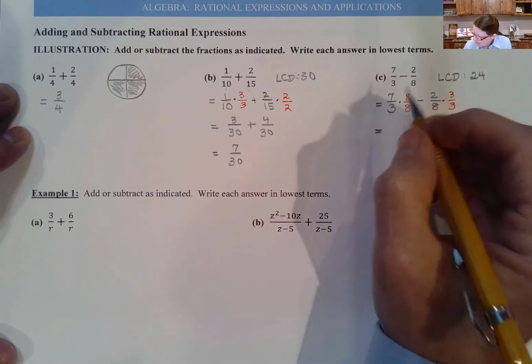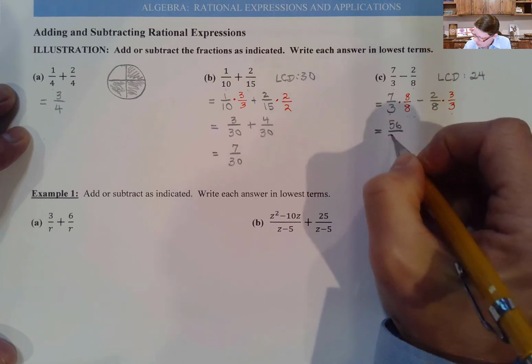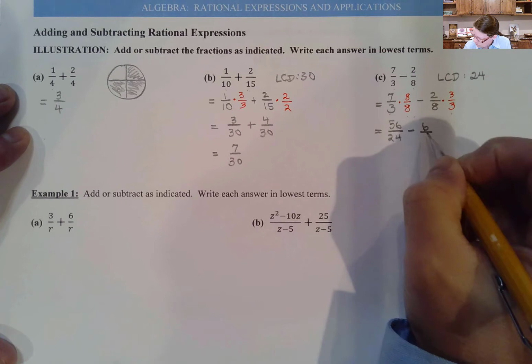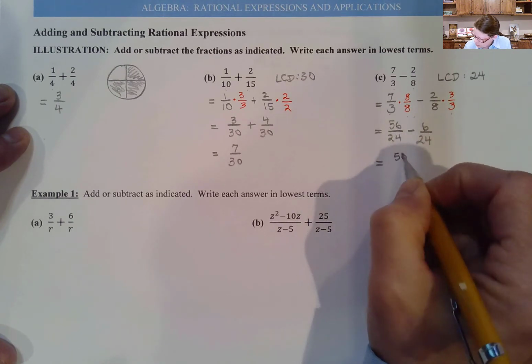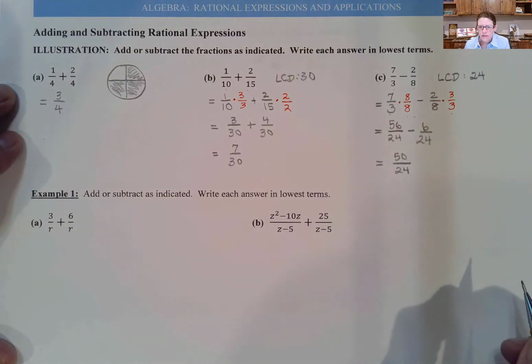Our first fraction becomes 56/24 minus 6/24. Subtracting in the numerator, we have 50/24. We can reduce this.